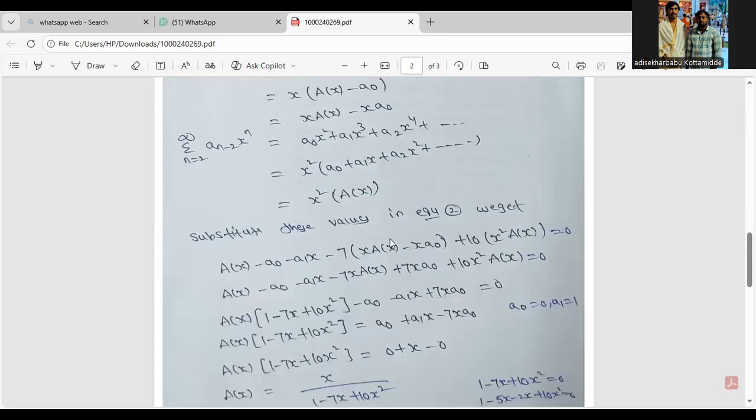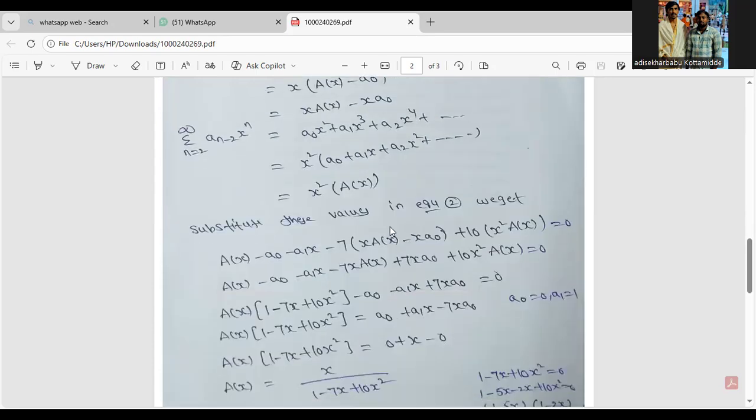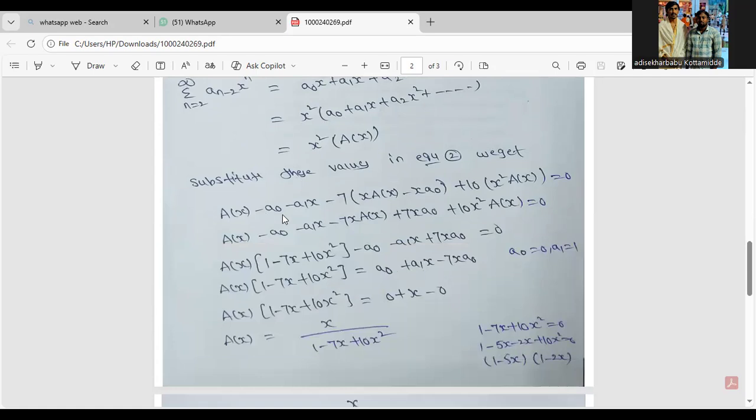Substitute these values in equation 2. We get A of x minus a naught minus a1 x, minus 7 into x A of x minus x a naught, plus 10 x squared A of x equal to 0.